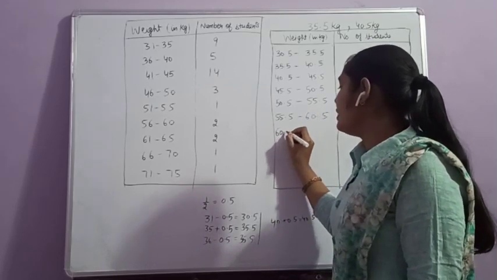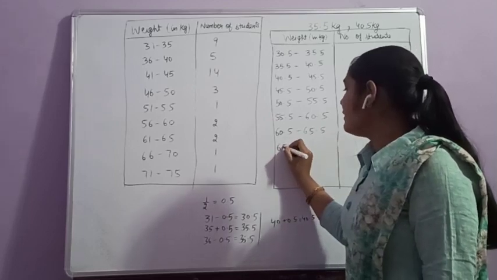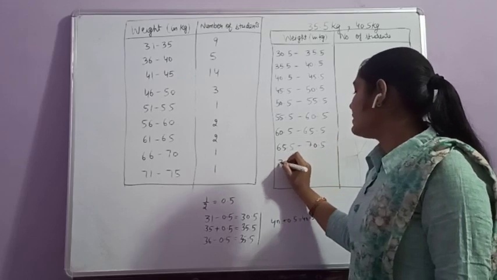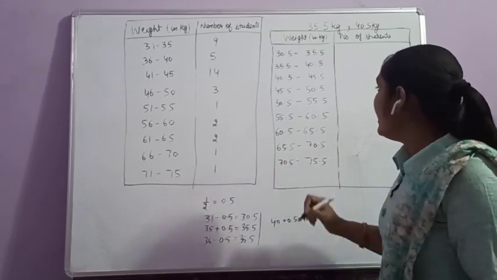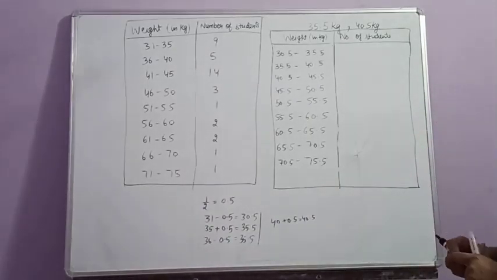Next will be 60.5 to 65.5, 65.5 to 70.5, and the last one 70.5 to 75.5. And in the question it is given that we added 2 students in the class having weight 35.5.